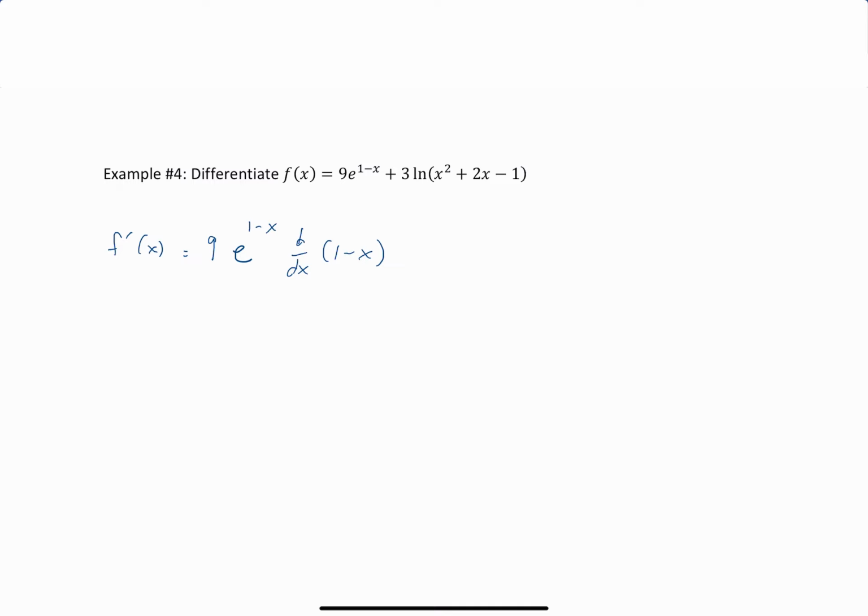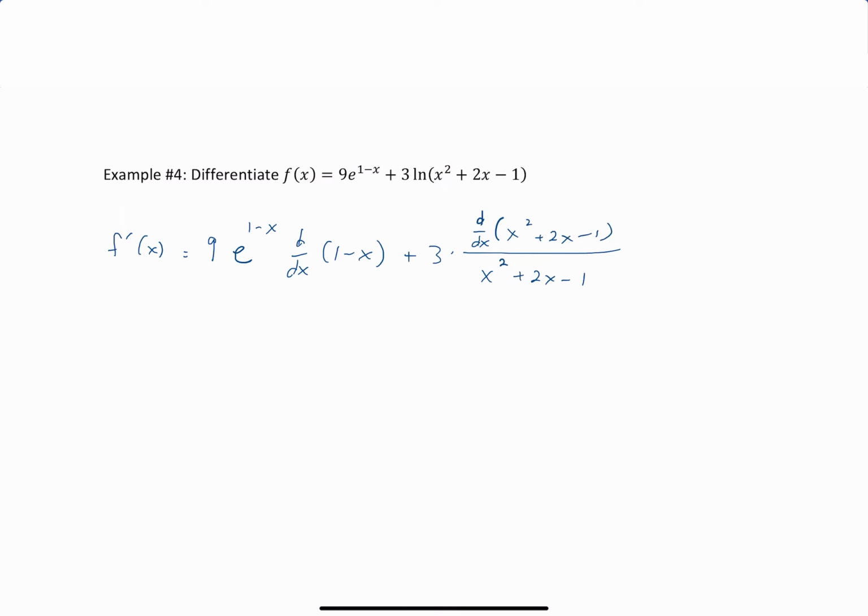Then for the log, I'm going to have 3 times the derivative of the log function, and our formula for the log function derivative, the chain rule one, says put the input to the log on the bottom and multiply on top by the derivative of that input.